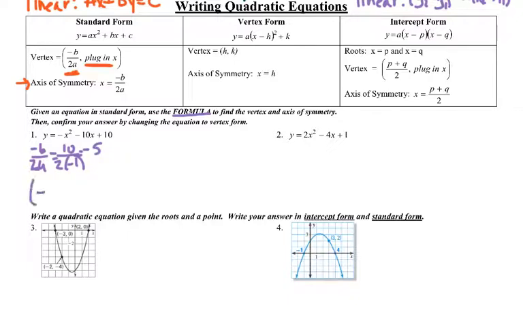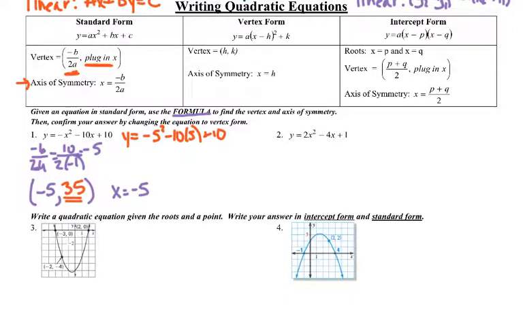So this negative 5 gives us the x coordinate of the vertex, and it also gives us the axis of symmetry. To find the y coordinate, do you know what we're going to do? Yep, we're going to plug it in. So y is equal to the negative 5 squared minus 10 times 5 plus 10. And if we solve that, we're going to get 35.